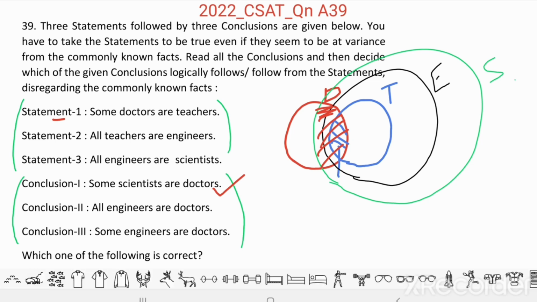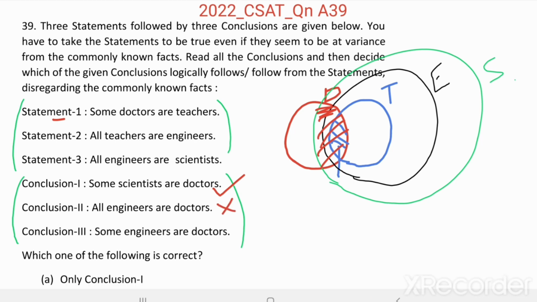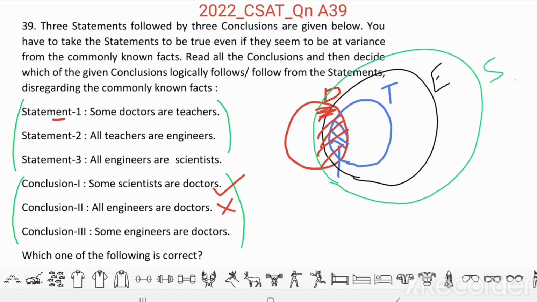Now see the conclusion 2. All engineers are doctors. From the figure, all engineers are not doctors. So all engineers are doctors is only a possibility. This is not correct. Conclusion 3. Some engineers are doctors. Here we can see some doctors are teachers.